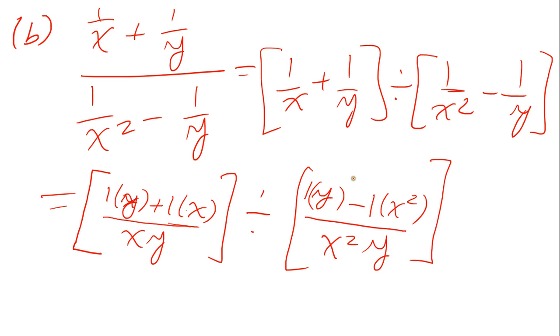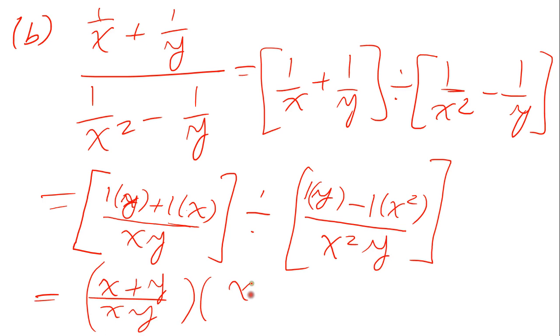And again, you should look in your last section on how to combine the fractions. So now, if I simplify, I have x plus y over xy times x squared y over y minus x squared.